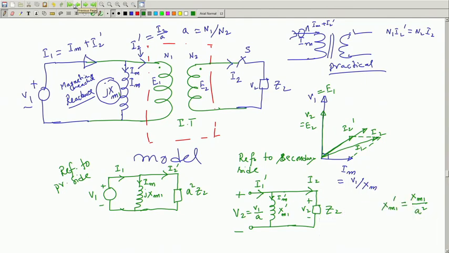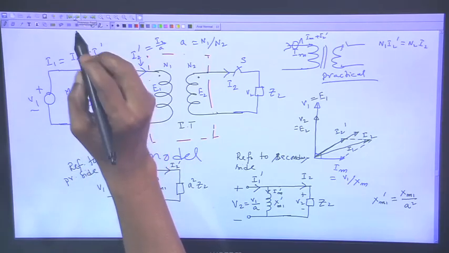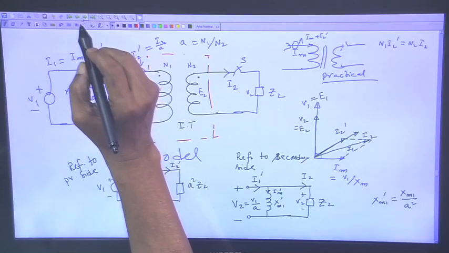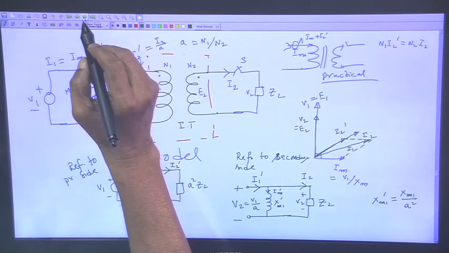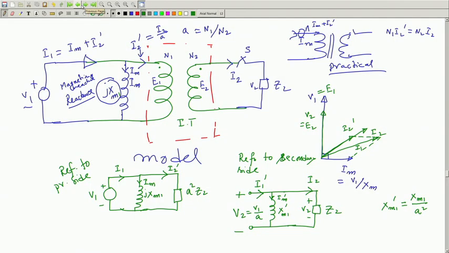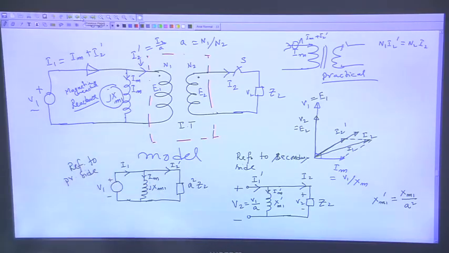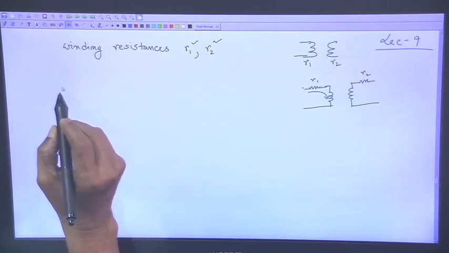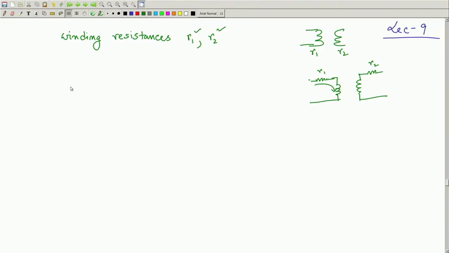Therefore, in this circuit, I will spoil this circuit, do not mind. If I add something here, our previous thing will also get disturbed. So, what I will do now, listen carefully.